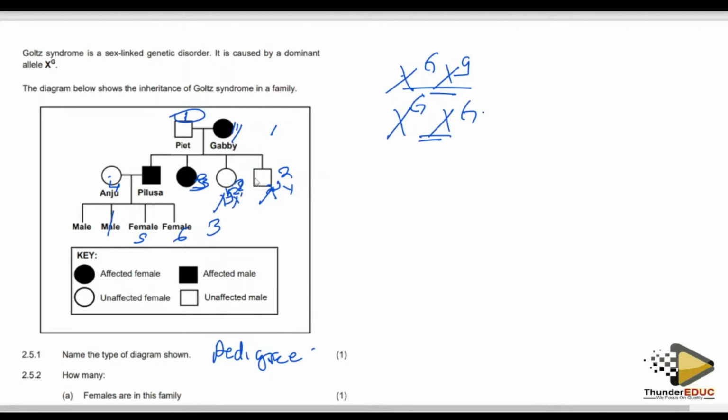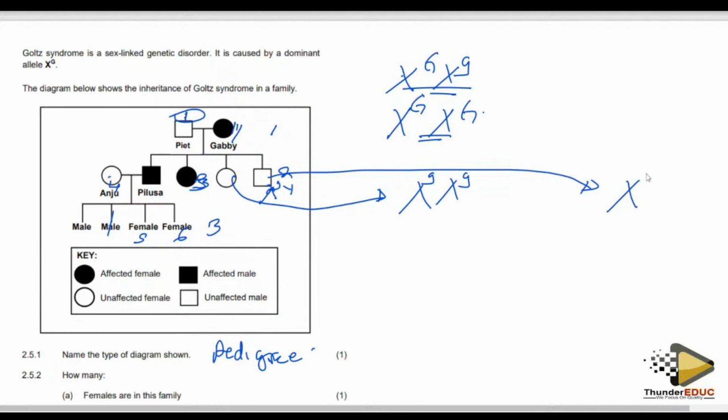So if this individual is a female, small g, and this one is a male, small g and Y, the father is already having small g, capital Y. How did these individuals get this recessive allele?